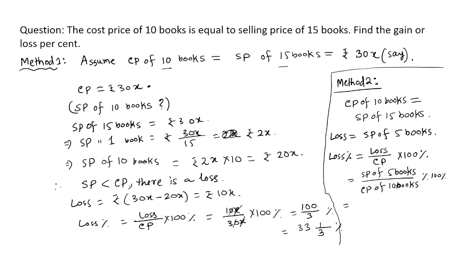Now see, here SP and here CP, that is the problem for the calculation. If you notice, CP of 10 books equals SP of 15 books.